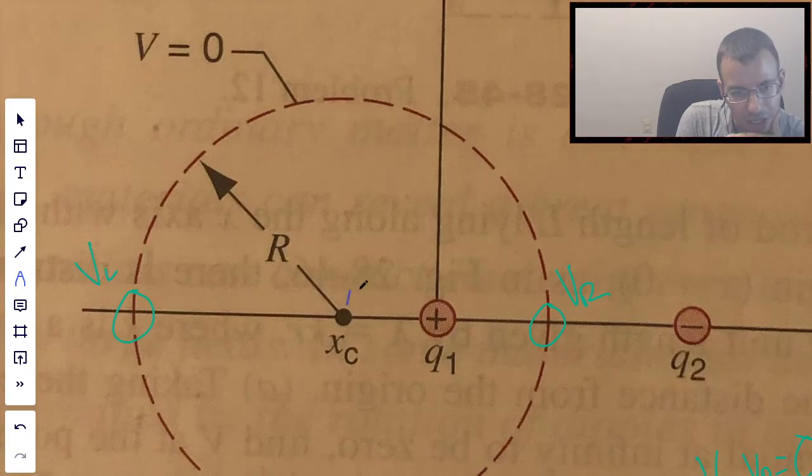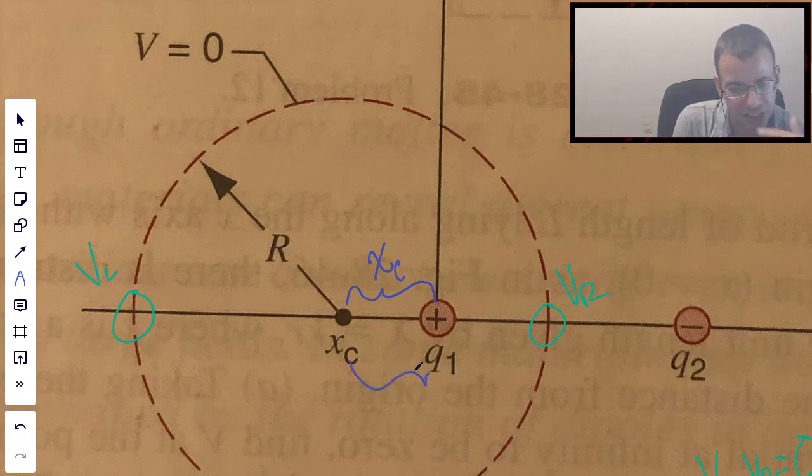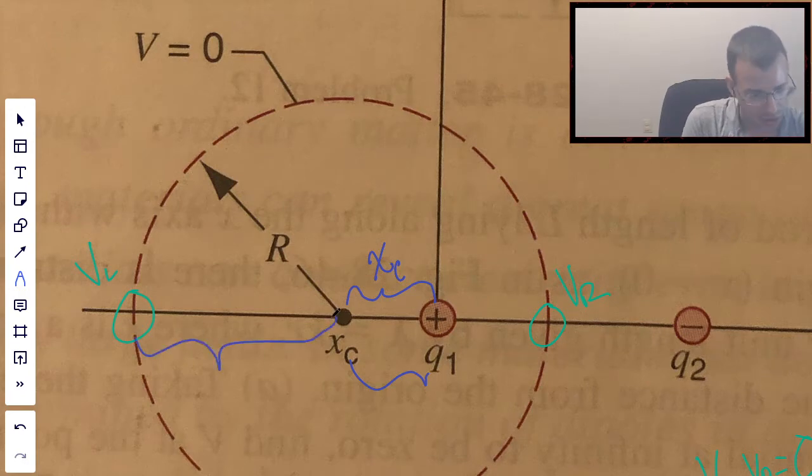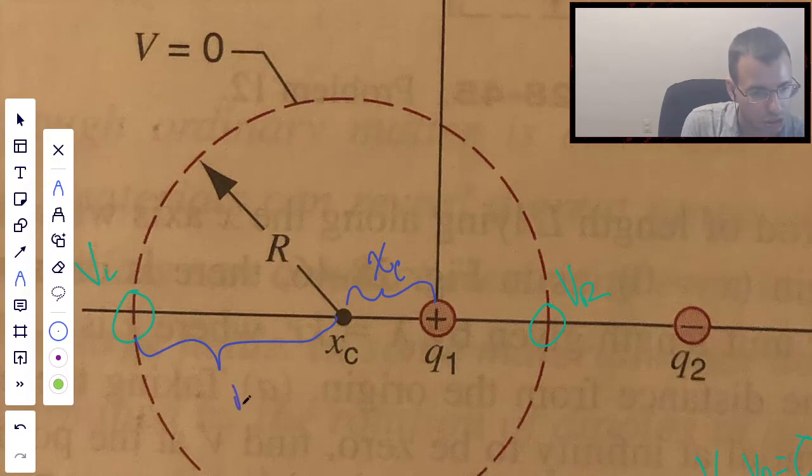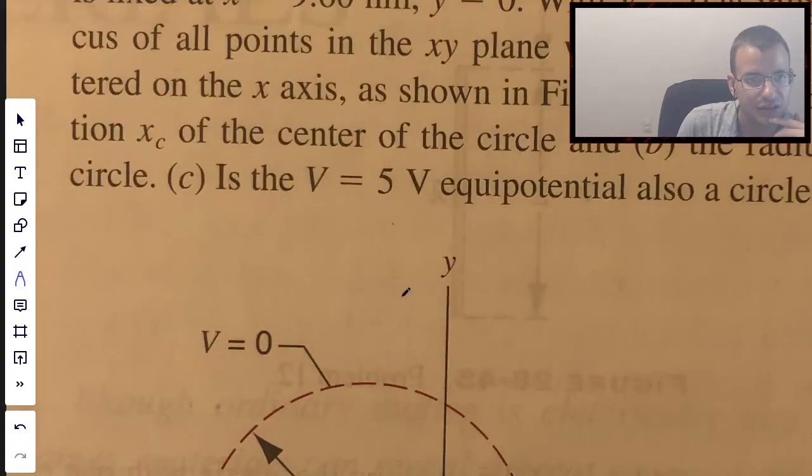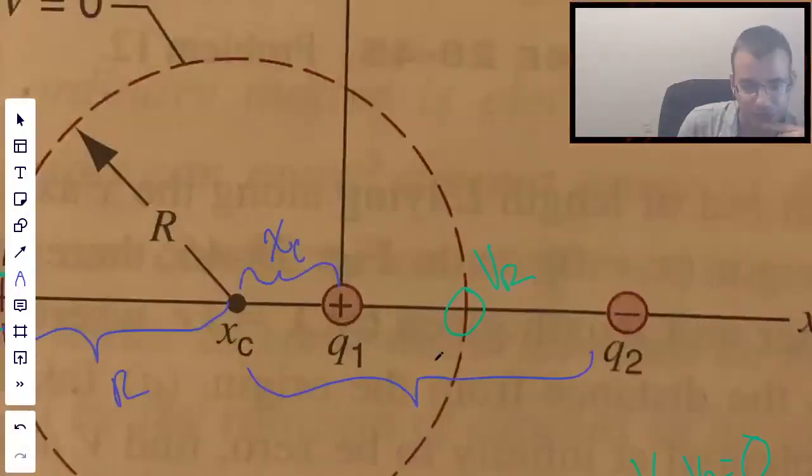So r1, and I'm just going to be concerned with magnitude here. So this distance right here is xc. This distance right here is going to be r. And this distance right here, I think they said 9.6. It's going to be 9.6, and I'm just going to leave it as 9.6.